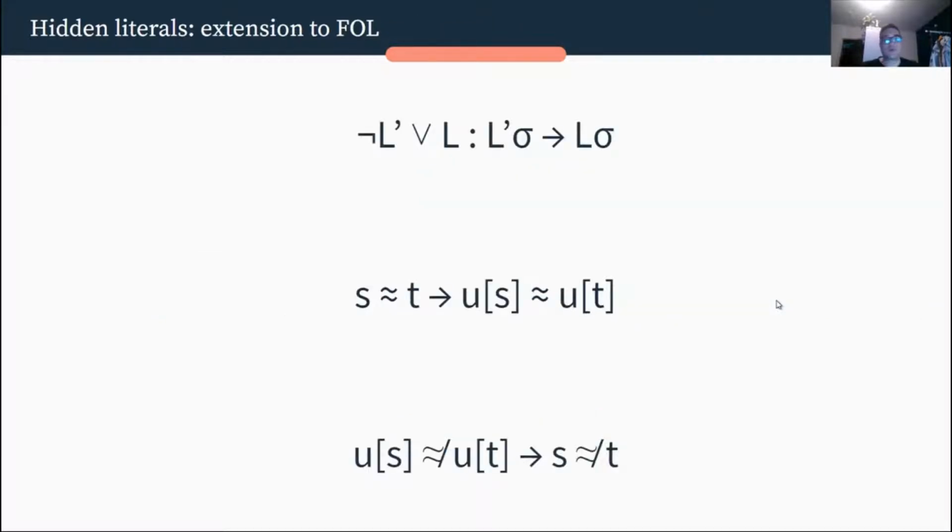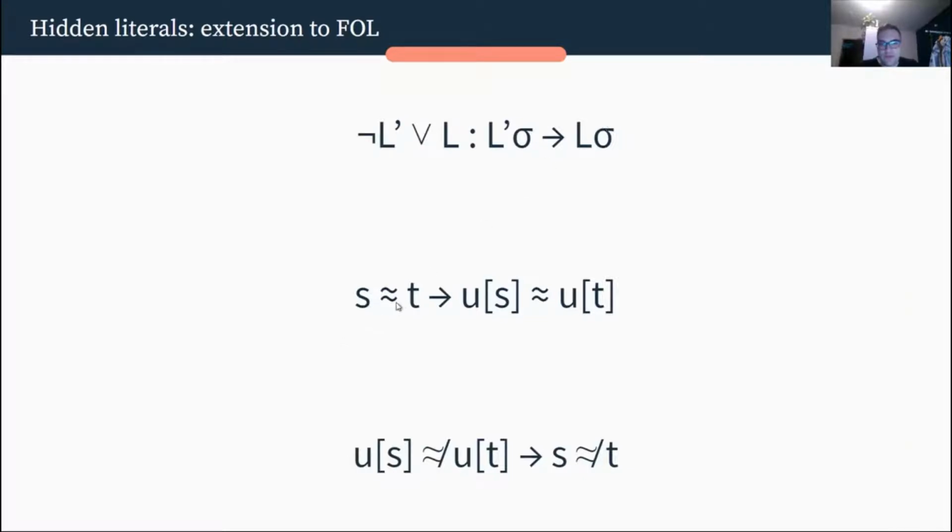And more generally, when we looked at propositional logic, we said we can just create a transition whenever we have a binary clause, but now this is more complicated in first order logic. In first order logic, we can create a transition whenever we have a binary clause, but not for these two particular literals, but for any instance of these two literals.